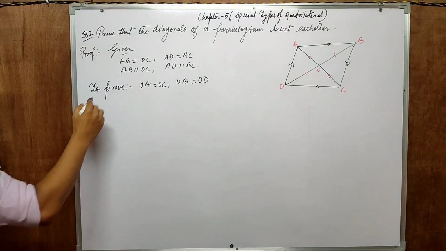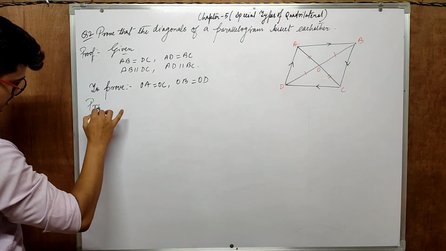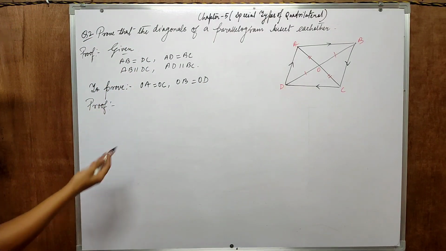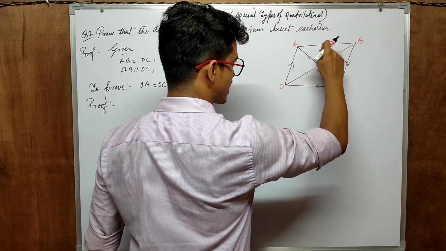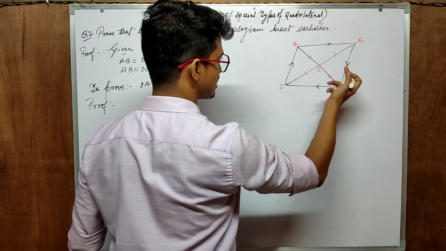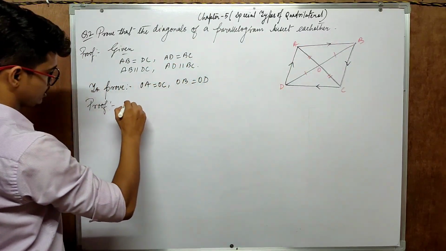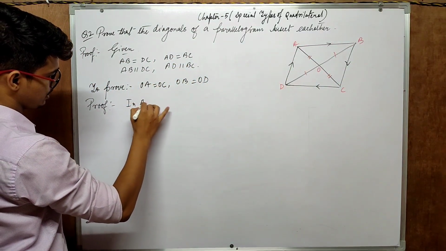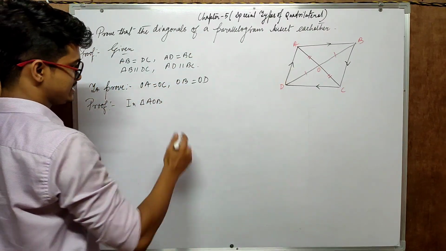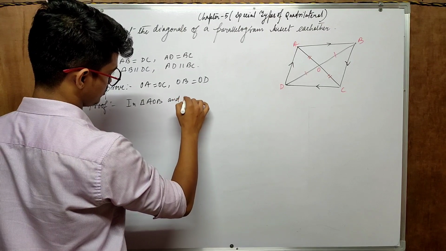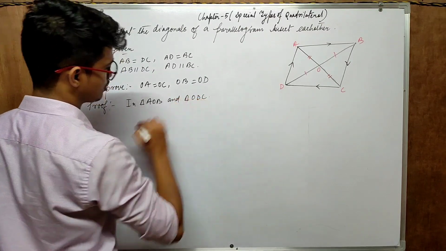Here the proof starts, because we don't need any construction. So in triangle AOB and in triangle ODC, right?